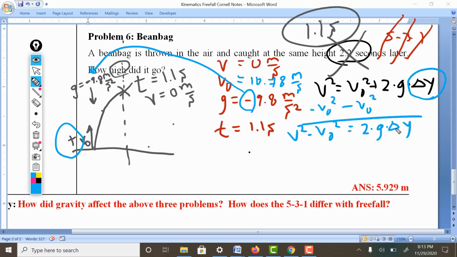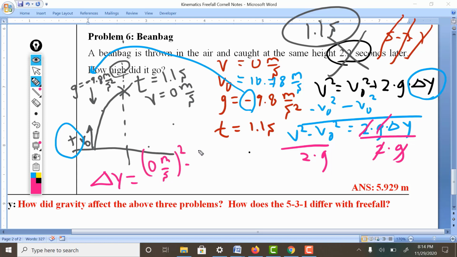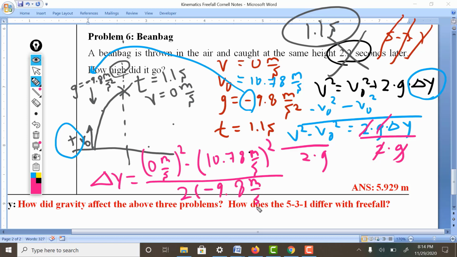And as we do this, by the way, you should get the same exact answer again with a different kinematic. We would divide both sides by 2G, and we get delta Y is V squared, which is 0 squared, minus the 10.78 meters per second squared, divided by 2 times negative 9.8 meters per second squared.